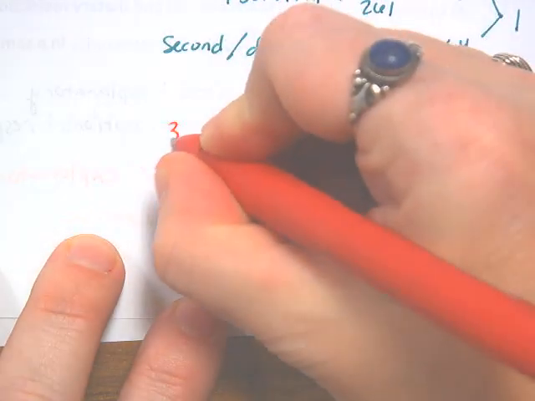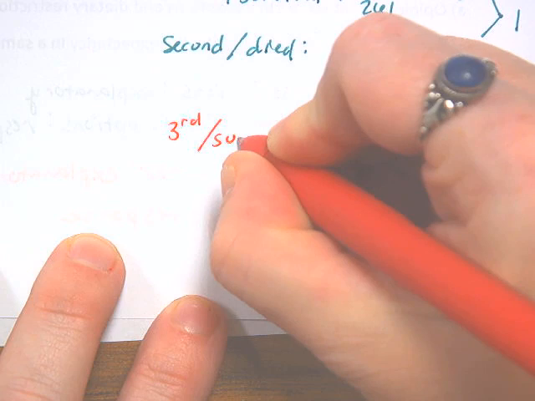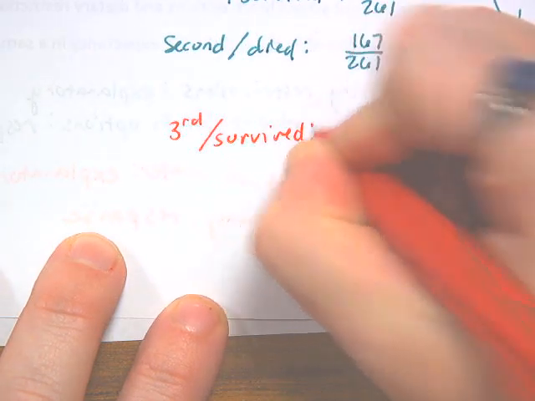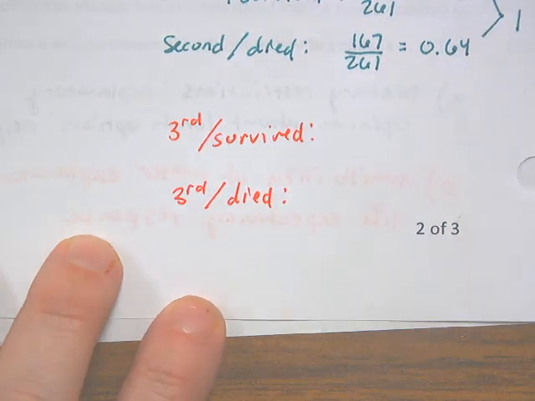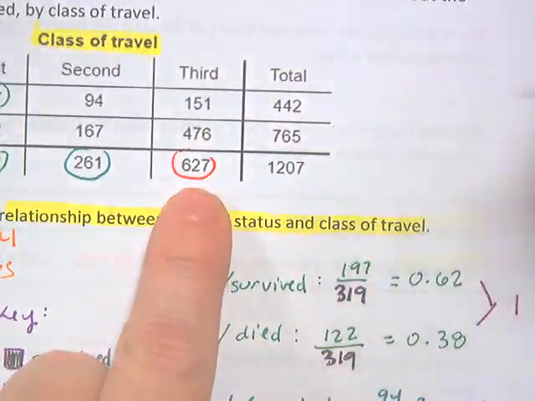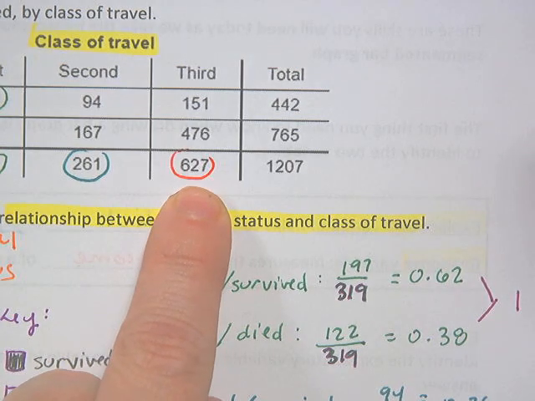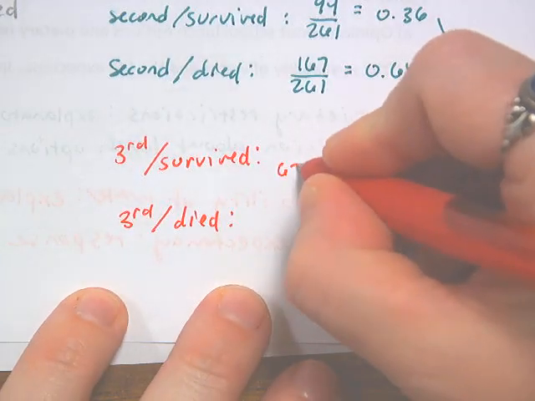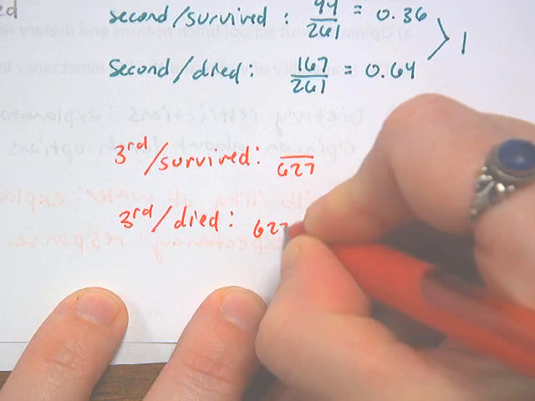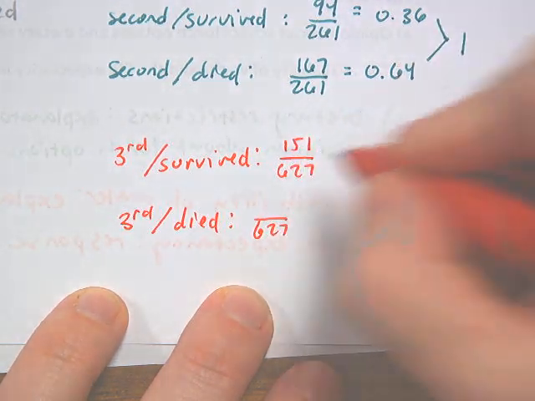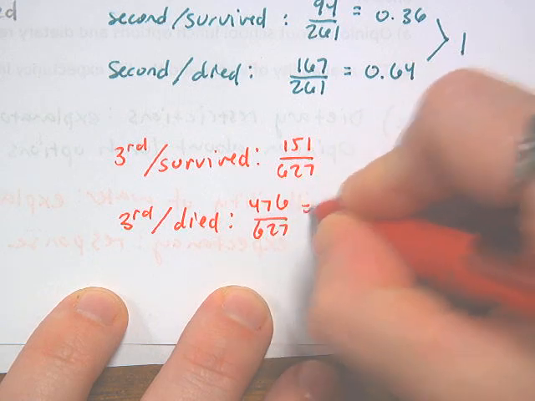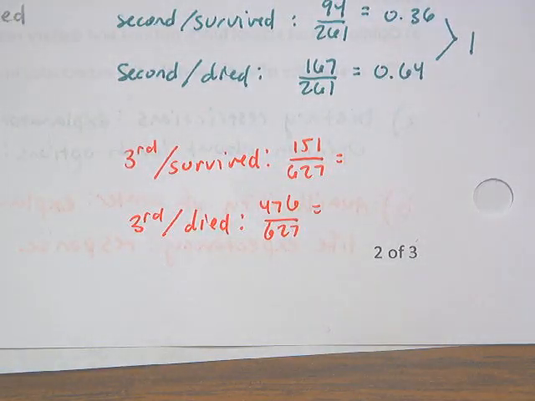So third survived, and third died. I'm looking in this column right here. 627 total people. 151 survived, 476 died, and that's pretty sad.